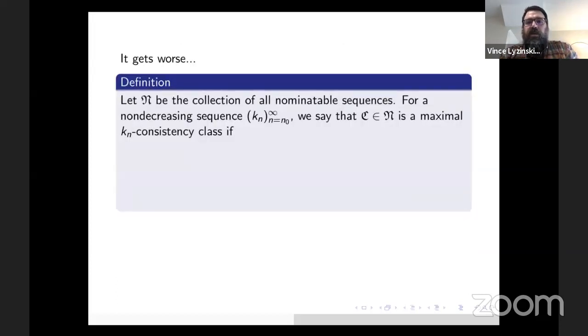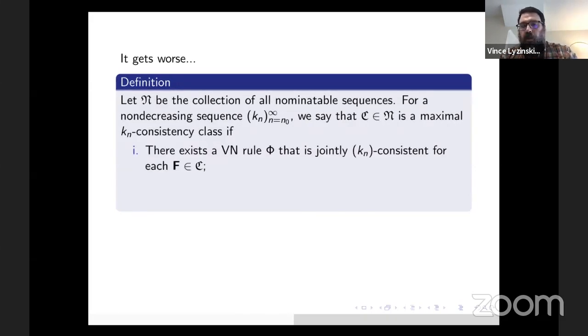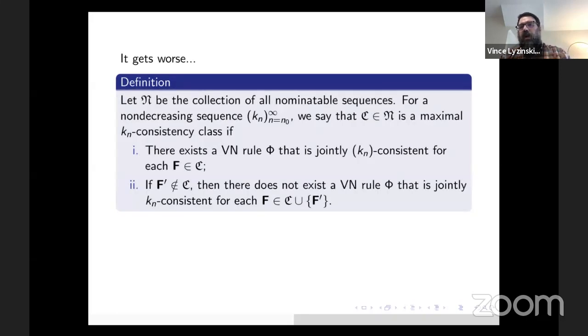So this led us to the idea of consistency classes. A consistency class in vertex nomination is a set of distributional sequences for which there is a rule that's jointly consistent for all of them. And if I add a single new distributional sequence to this class, there is no rule that's jointly consistent. So this is somehow a maximally large class of things that one rule works for.